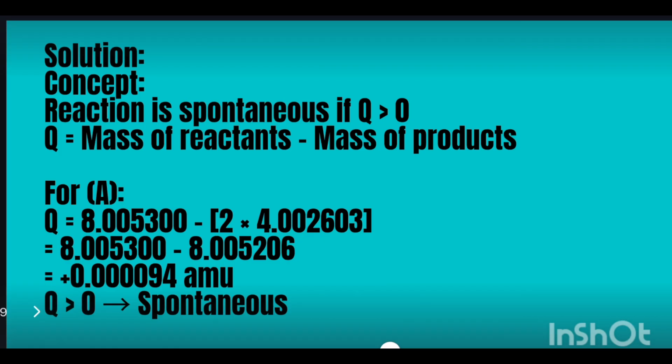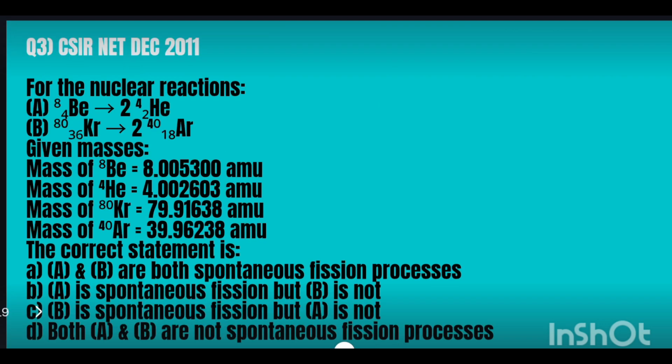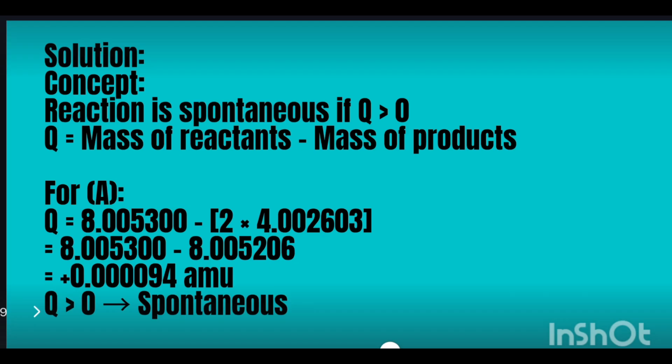In this concept, the reaction is spontaneous if Q is greater than 0. Q is equal to mass of reactant minus mass of products. For A, it is beryllium 8, 4 into 2 helium 4, 2. Here the respective masses are given, we'll substitute in this.